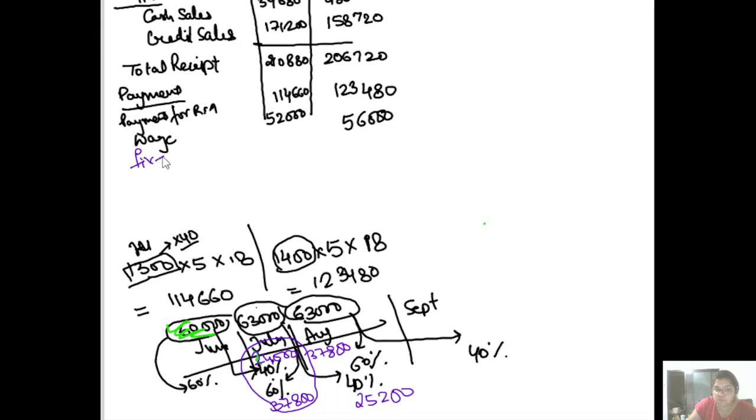So fixed overhead for the month of July is 24,000 plus 37,800, that is 61,800. And for the month of August, that is 37,800 and 25,200, that will become 63,000 only. Okay, I think this is enough.